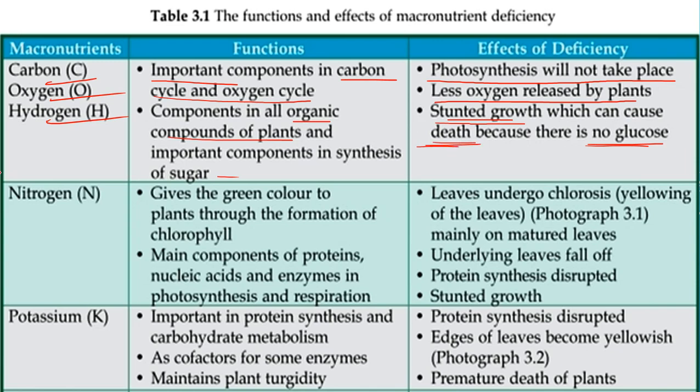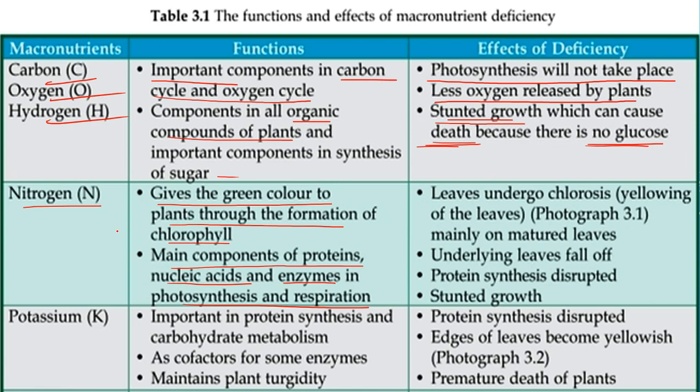Kemudian yang kedua ialah nitrogen, and its function is to give the green color to plants through the formation of chlorophyll. So formation of chlorophyll needs nitrogen. It is the main component of protein, nucleic acid, and enzymes in photosynthesis and respiration.